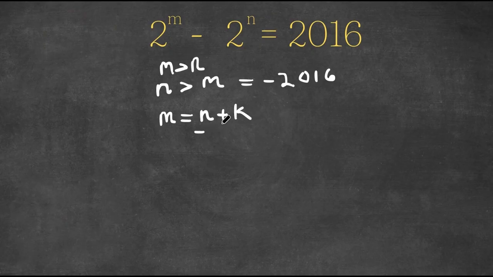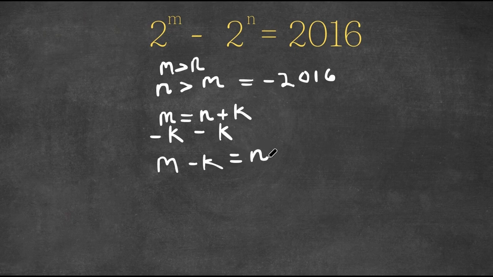So now if I subtract k on both sides, I get m minus k is equal to n. So now I'm actually going to replace m with n plus k.